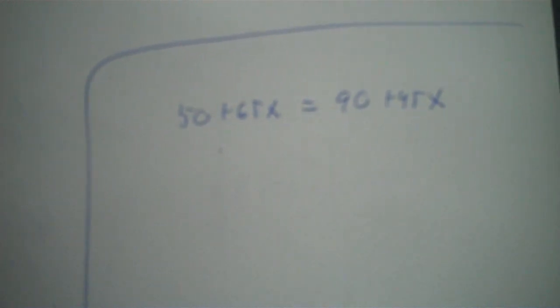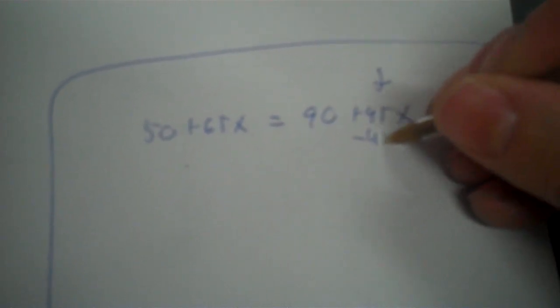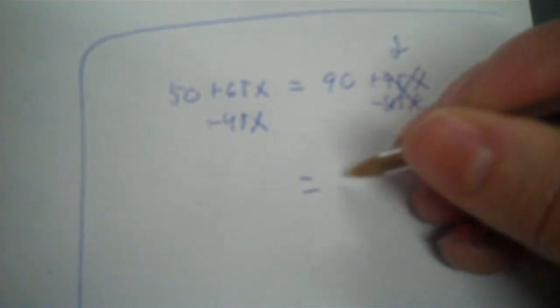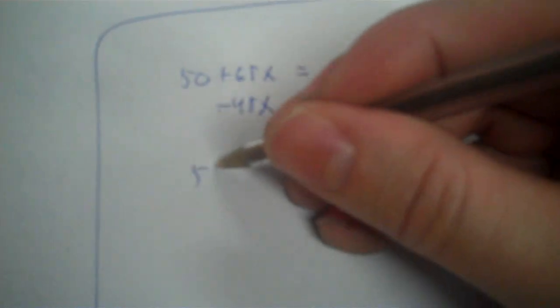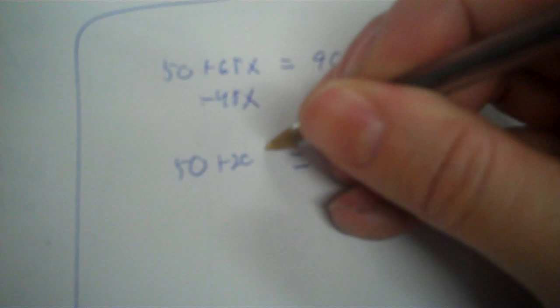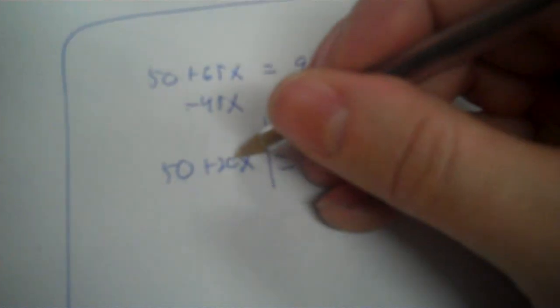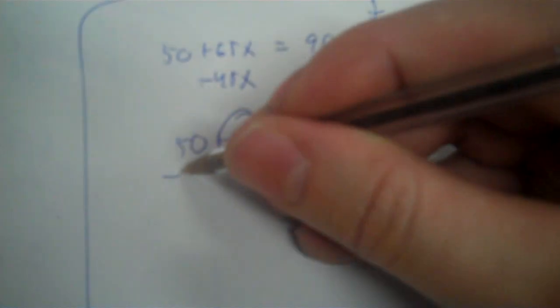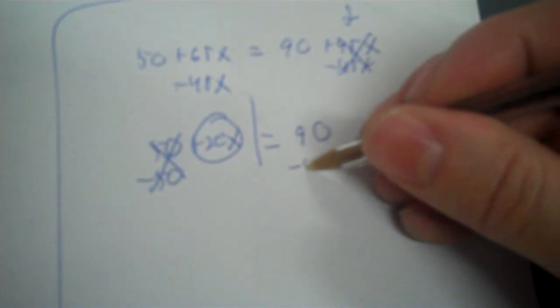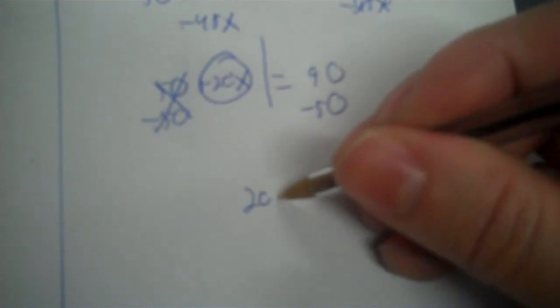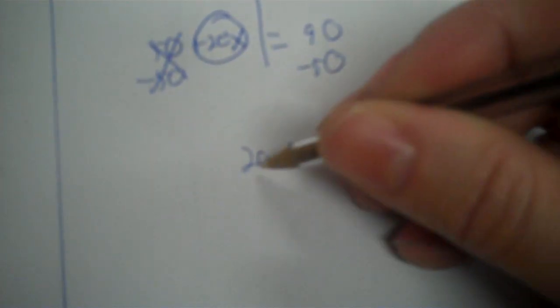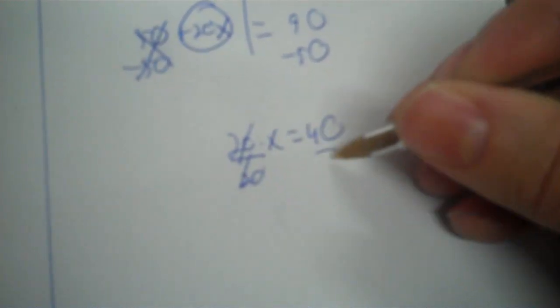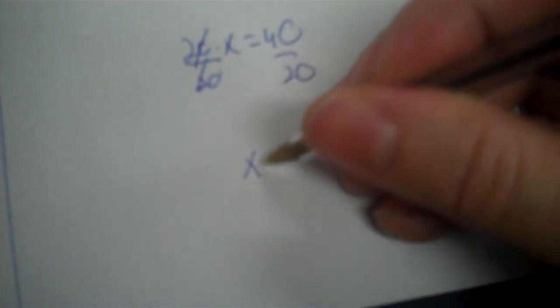Take out your smaller x and subtract it from 65x. So you got 50 plus 20x equals 90. So you minus 50 and divide by 20. It's going to be 20 times x equals 40, divide by 20, divide by 20, and x is equal to 2.